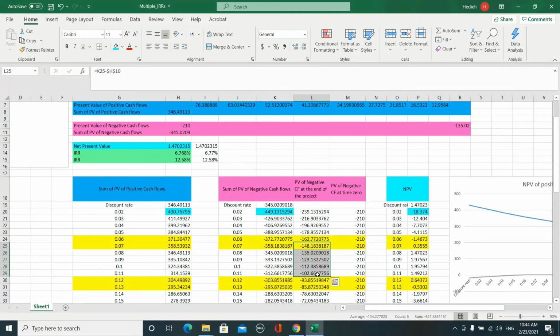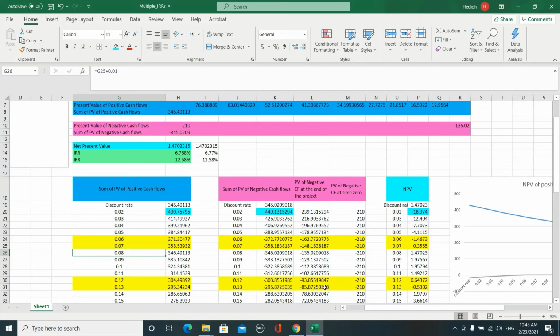But you have a negative cash flow that is always fixed and it never gets discounted. So as you increase your interest rate above 7%, gradually what happens is that the present value of your positive cash flows becomes small enough such that the present value of your negative cash flows becomes larger than the present value of your positive cash flows.